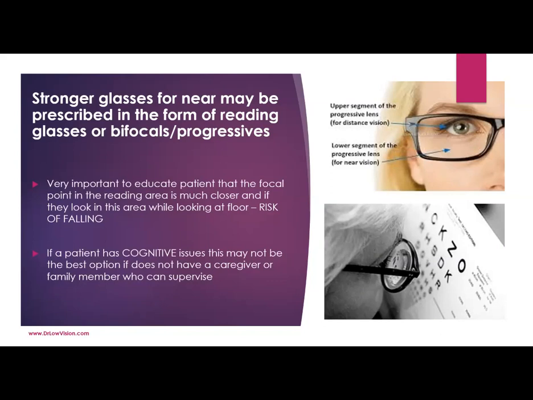They can easily miss a step, and there's that risk of falling. And often, if there are cognitive issues with the patient, I may not recommend incorporating that higher power into a bifocal or progressive, but into a separate reading glass, where it could be used when they have a caregiver or family member who can supervise, because these individuals may not remember that they have to tip their chin down, look to the top of the lens, so they can see properly when they're walking.